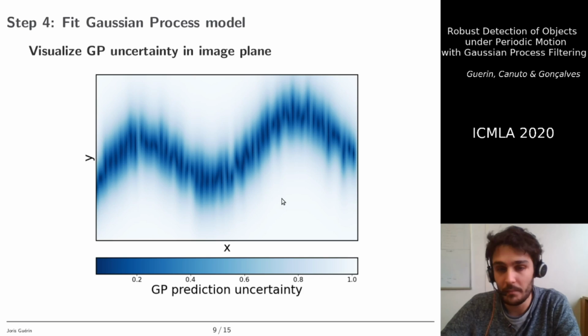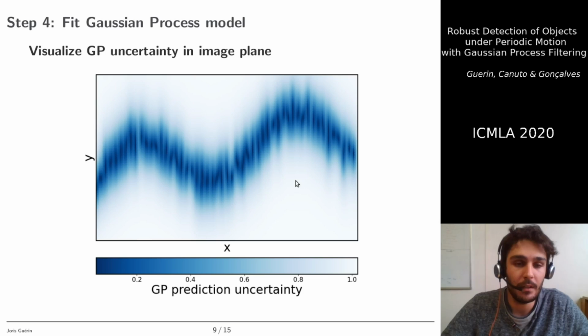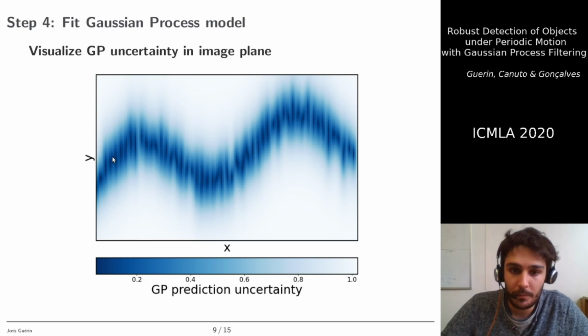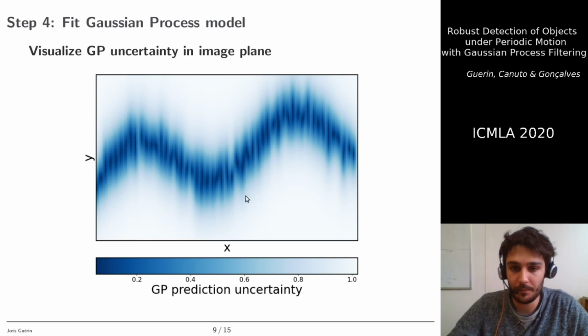Then we can just train the Gaussian process. I'm not going to give a tutorial on Gaussian processes here, but the output will look something like that. For each point in our image plane, we'll have a given prediction of time, and we'll have an evaluation of the uncertainty of the model. As I explained before, if we have a point here, the uncertainty is going to be high, so we'll discard the point because it's going to be higher than what we've seen during training, because no point here was seen at training.